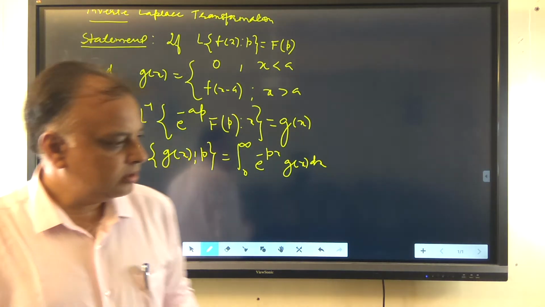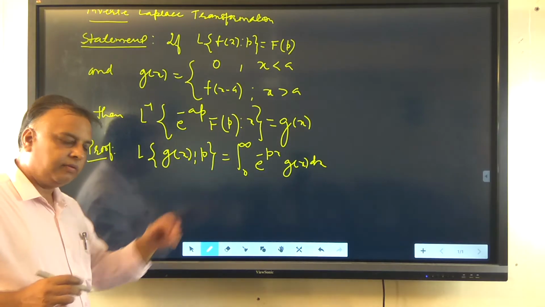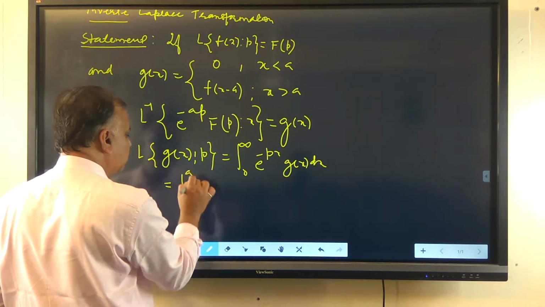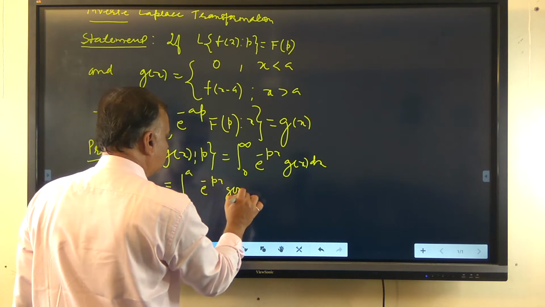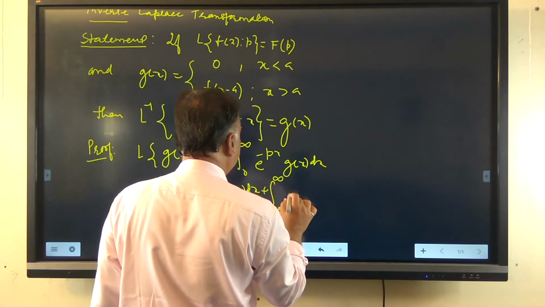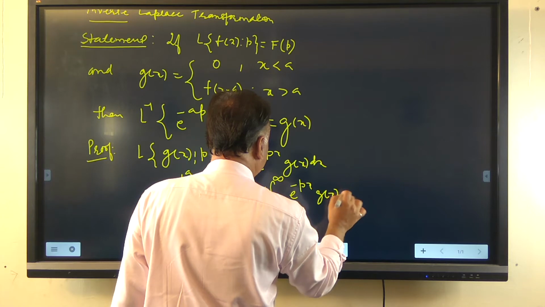As the function g(x) is defined in different intervals, we break this interval into the given intervals. So we write the integral from 0 to a of e raised to minus px g(x) dx plus the integral from a to infinity of e raised to minus px g(x) dx.